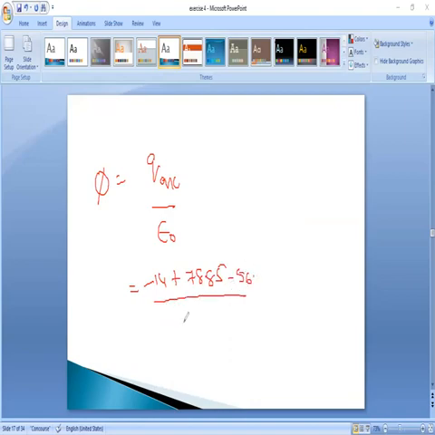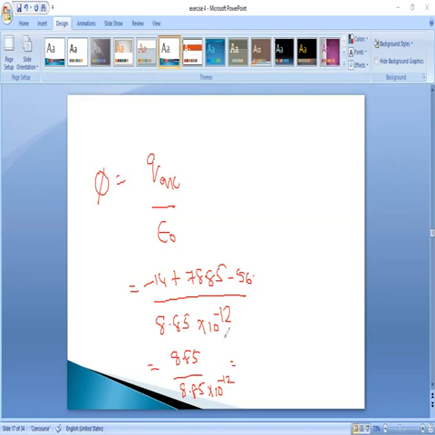And epsilon naught will be 8.85 into 10 power minus 12. According to this, the charge of minus 4, minus 56, minus 70 plus 78.85, divided by 8.85 into 10 power minus 12. This will be simply 10 power 12.